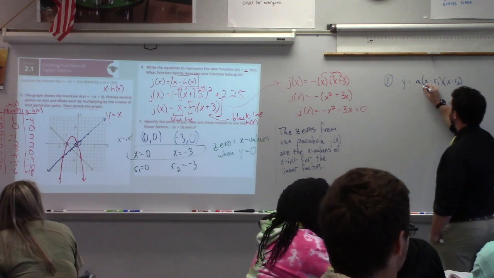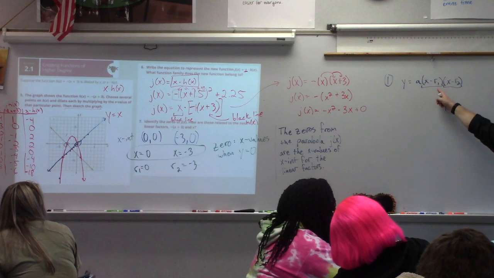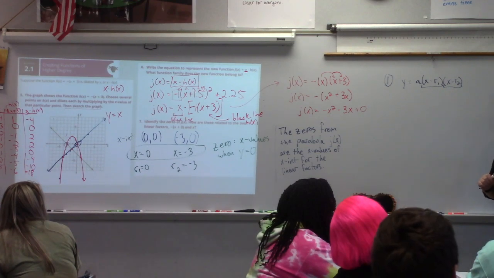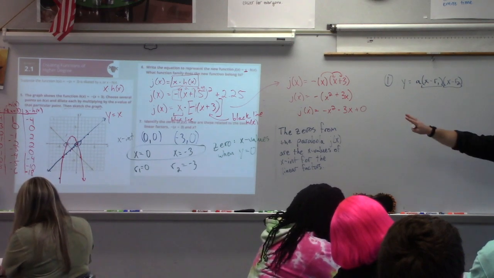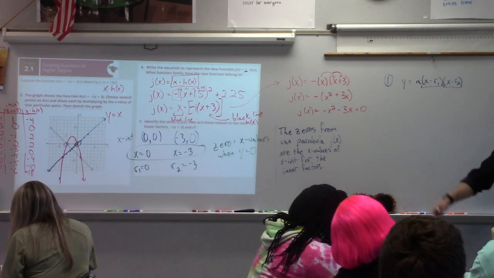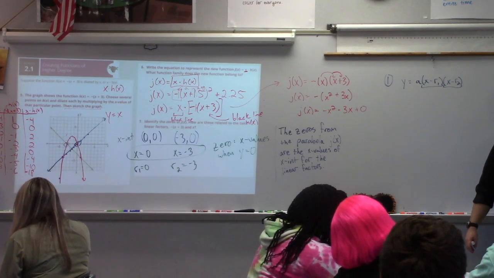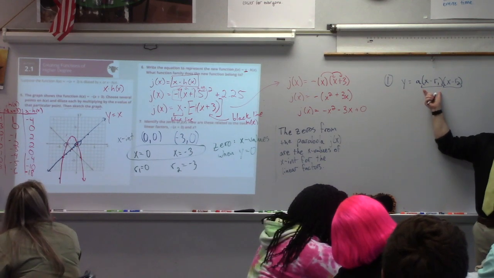What could we call these two things right here? Roots, zeros, x-intercepts. Think about what we just talked about and what we wrote up here. They're linear factors. Could you graph this? And what would you get? A parabola.